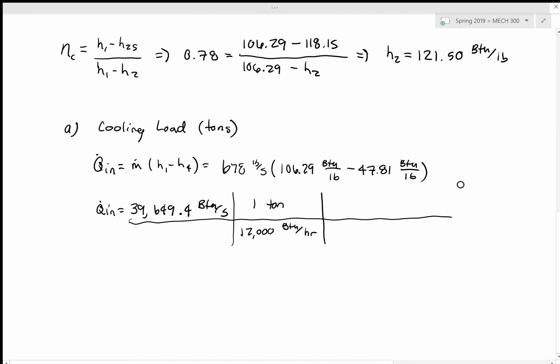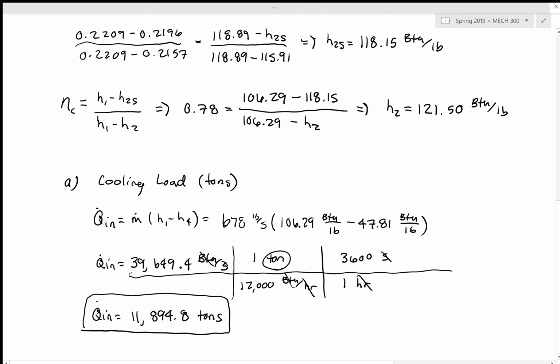To do that, we use the conversion 1 hour is equal to 3,600 seconds. BTUs cancel out, hours cancel out, and we are only left with tons. And that comes out to 11,894.8 tons. And so we are done with part A.